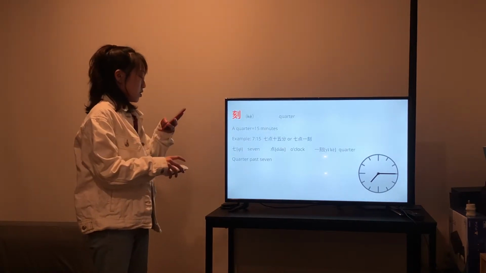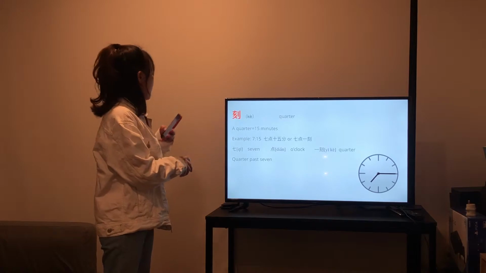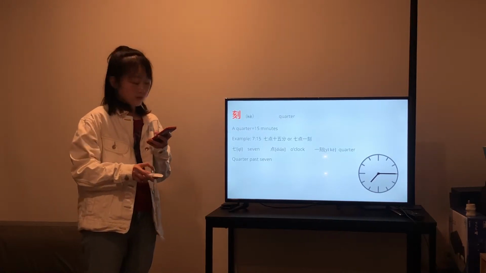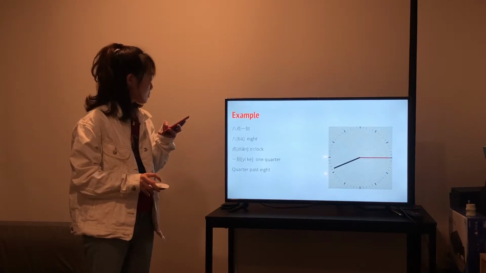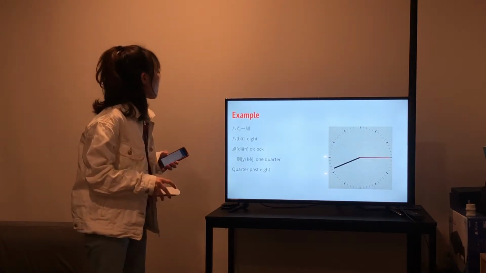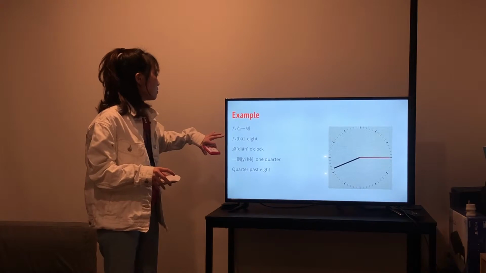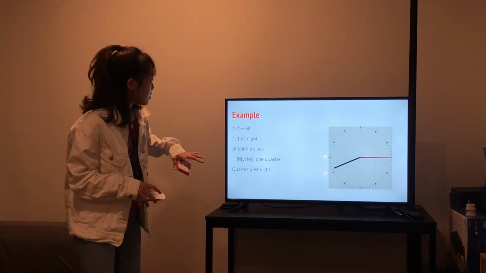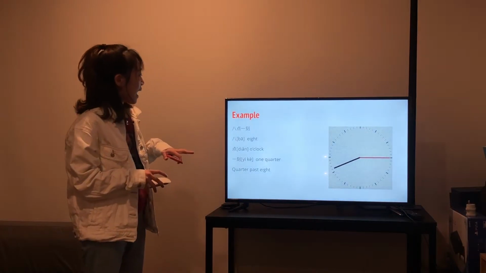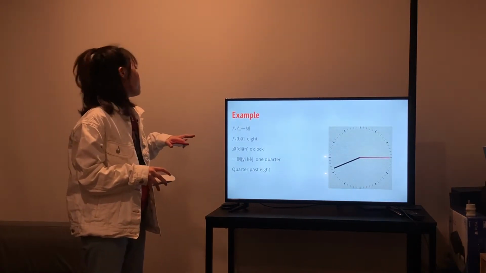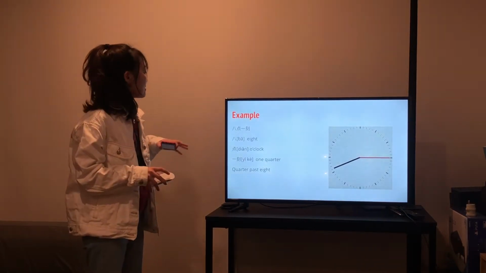So 7点一刻 means 7:15. Another example is 8:15. In Chinese we say 8点一刻.